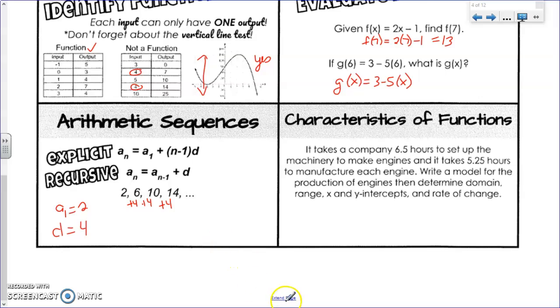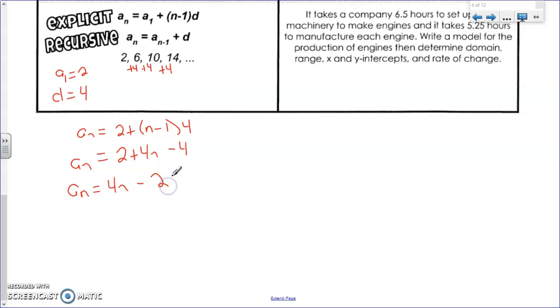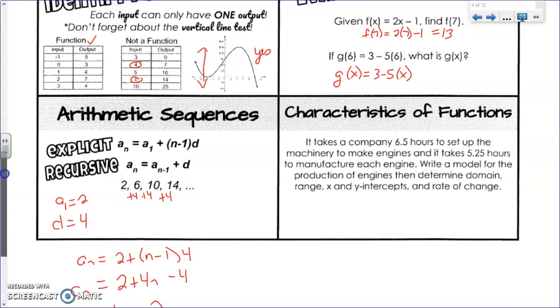So when I write the explicit, I'm going to have a sub n equals 2 plus n minus 1 times 4, and then I want to simplify: 4n minus 4. So a sub n equals 4n minus 2. And then the recursive would be a sub n equals a sub n minus 1, and then the d is 4.